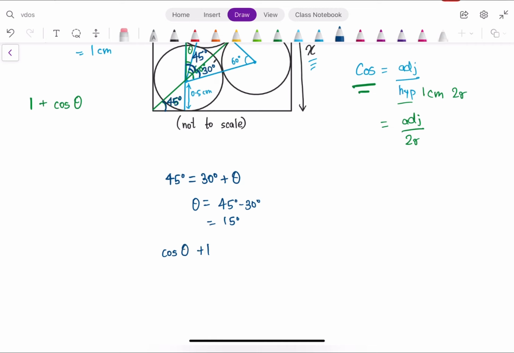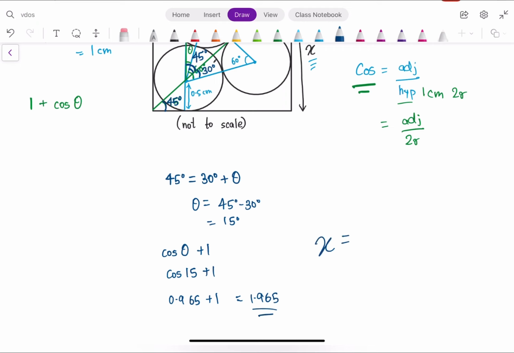So what is theta over here? Cos 15 plus 1. So cos 15 gives us a really long number, which is 0.965 plus 1, which gives us 1.965. So that's our answer right there.